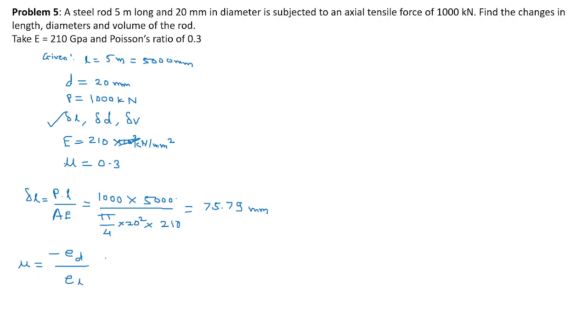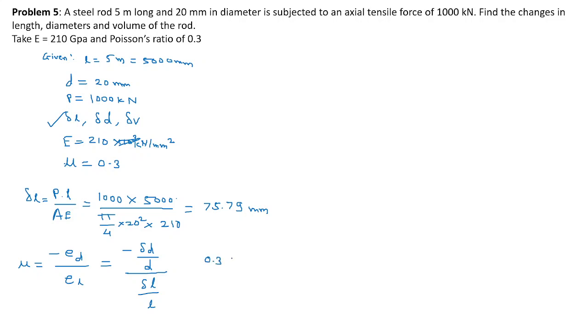Lateral strain is negative of delta D by D, and longitudinal strain is delta L upon L. Here we have all the values: D, delta L, which we found earlier, L is 5000 mm and mu is 0.3. Let's put it all in.